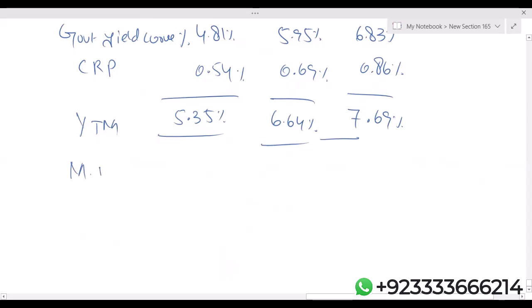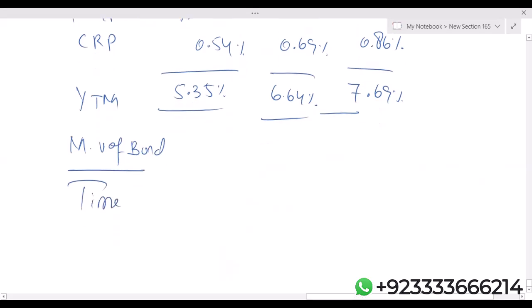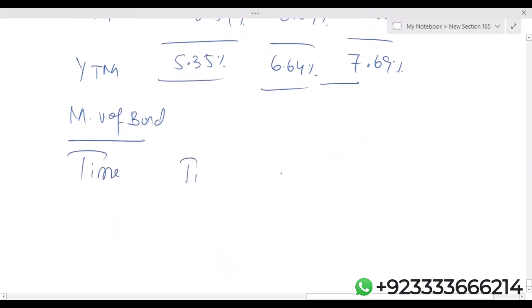Now, very easily we can calculate market value of bond. T1, T2, T3. Just 1 minute break. Azan is sounding. Okay, cash flows. Students, cash flows will be 8, 8 and 110.